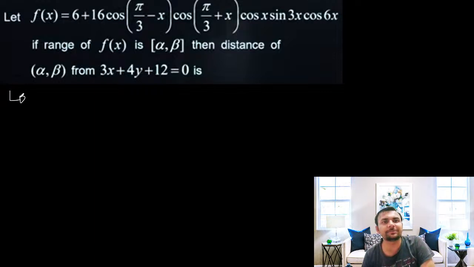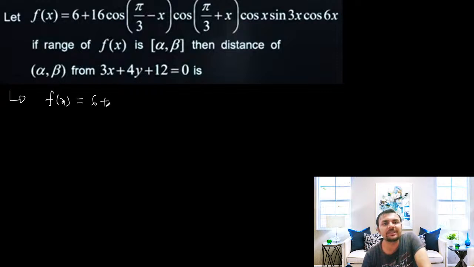f(x) equal to 6 plus this. Okay. So cos(a minus b) into cos(a plus b) is cos square a minus sin square b. Is it correct? Cos square a minus sin square b.